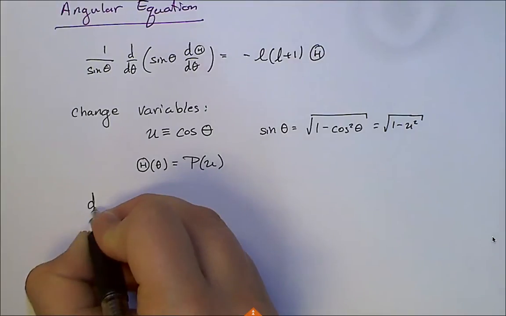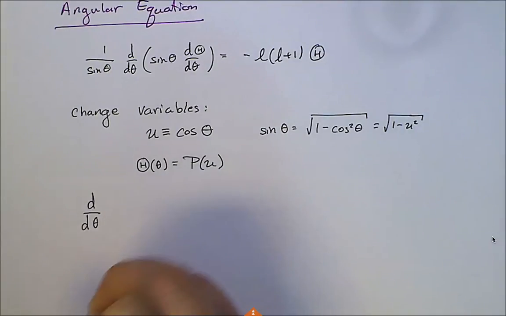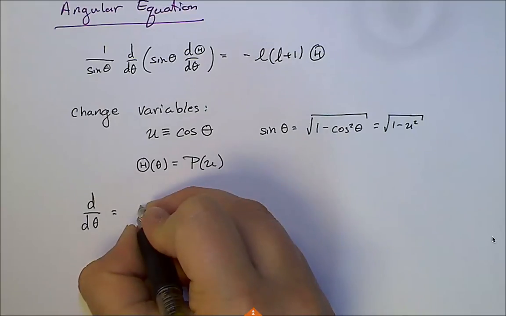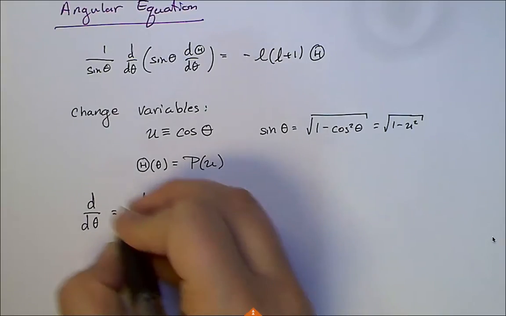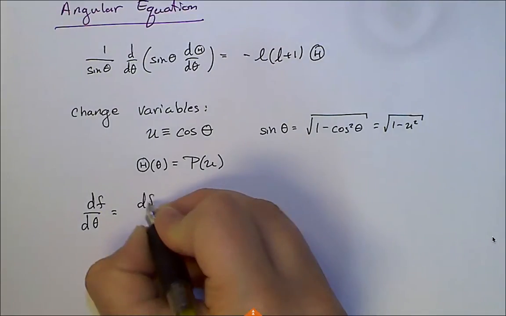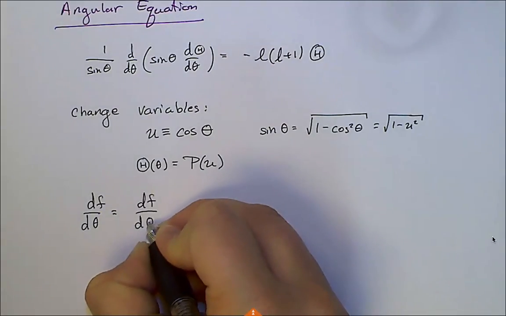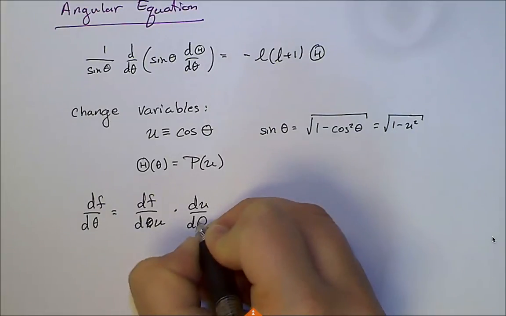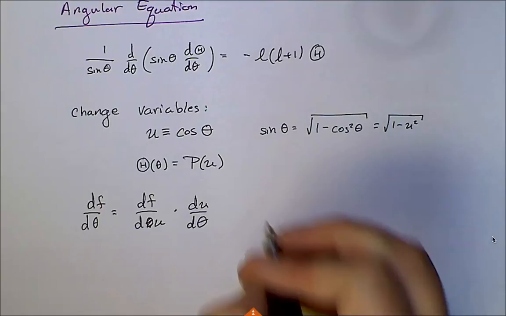So these derivatives with respect to theta are going to be really a derivative of, whatever you're taking your derivative of, let's call it f. The derivative of f with respect to u times the derivative of u with respect to theta. This uses the chain rule.